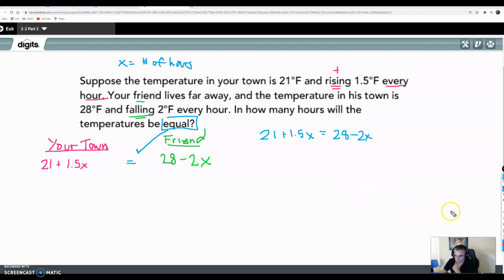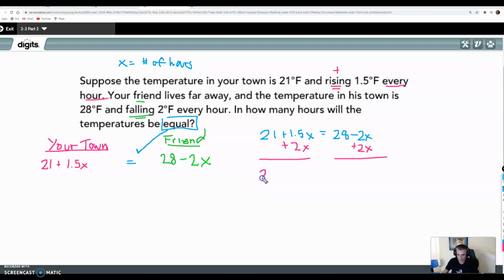Okay, so the first thing I want to do is look at my variable terms. Notice I have a positive 1.5x right here and a minus 2x right here. So I'm thinking to myself, if I add 2x to both sides, it'll get rid of this one, and then I'll have a nice positive x term on the left-hand side. So I'm going to add 2x on the right and add 2x on the left.